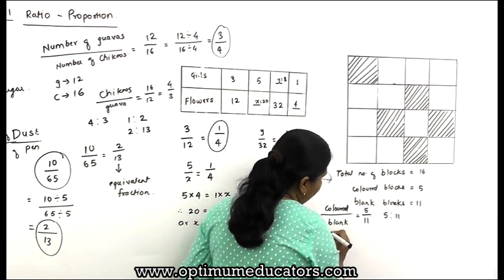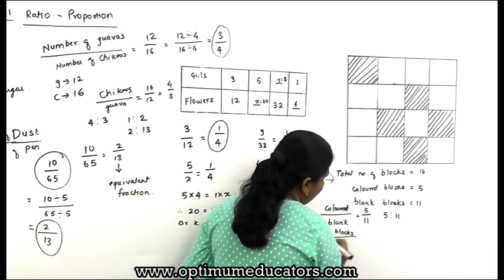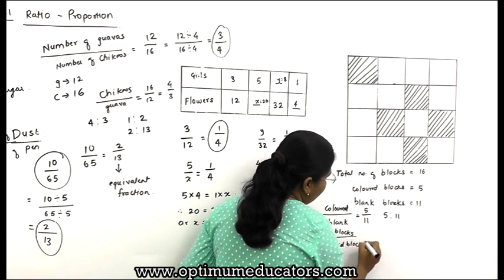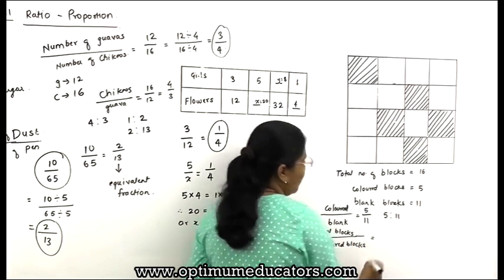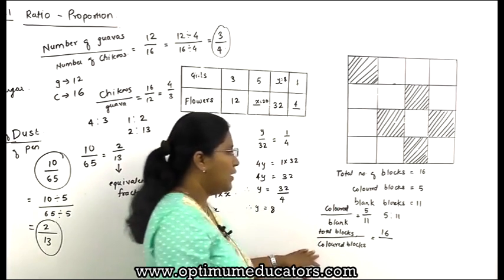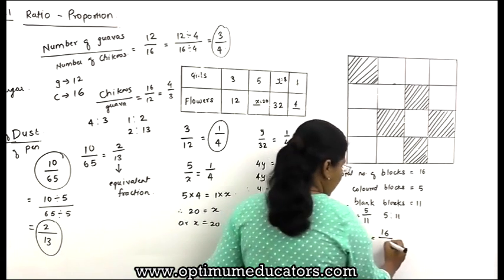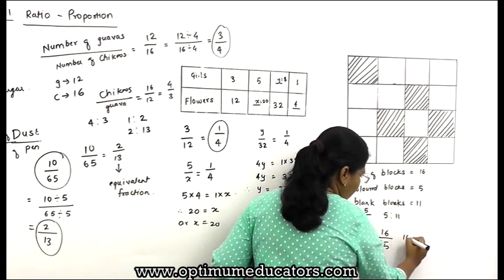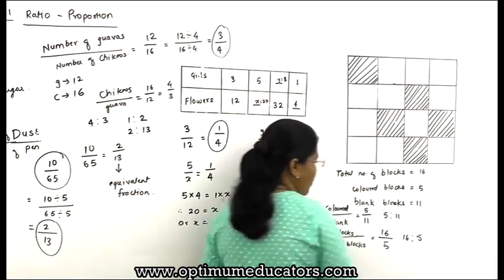Okay. Total blocks to colored blocks. Tell me the ratio. Yes, total number of blocks are 16, and how many colored ones are there? 5. So the proportion is 16:5.